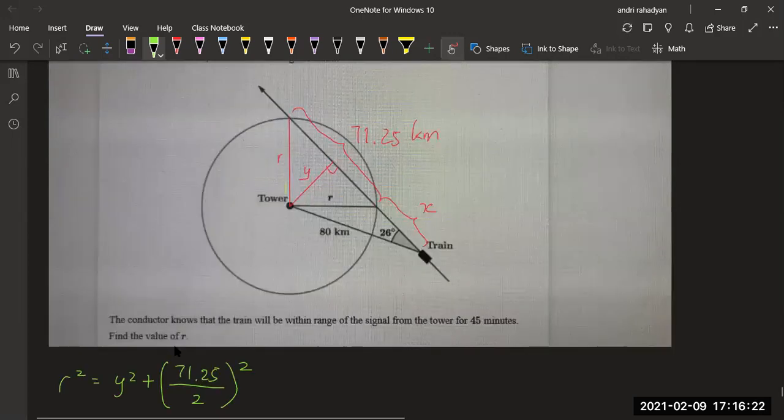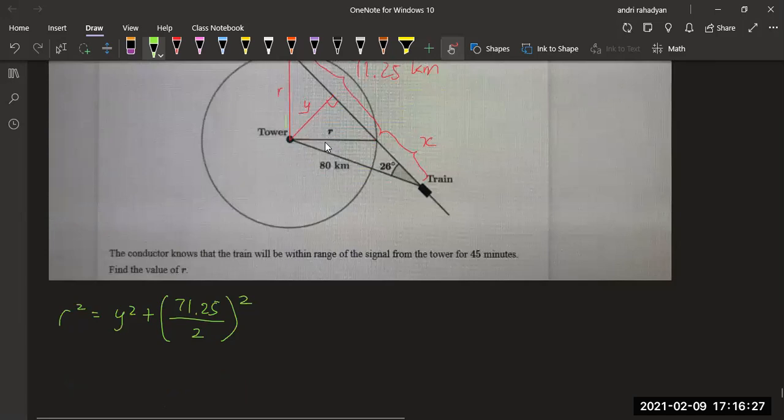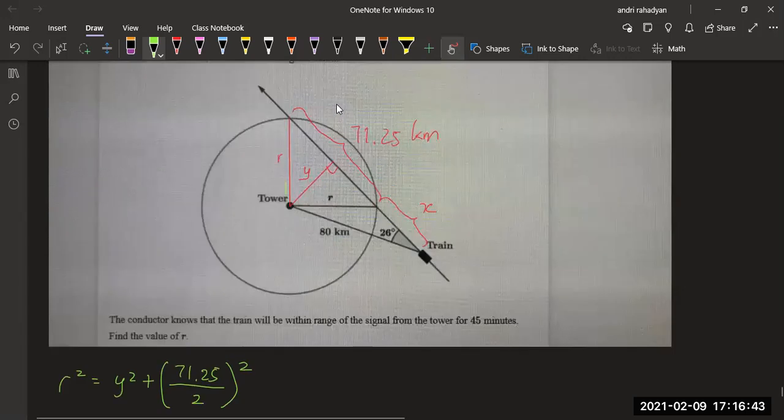All right, then we need to find the value of Y. Y squared equals 80 squared minus, oh no, R squared plus R squared equals, oh no, it's not.